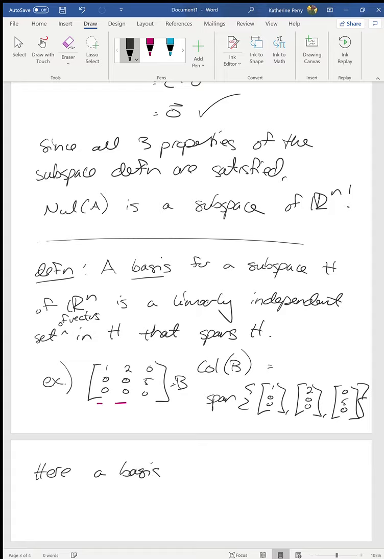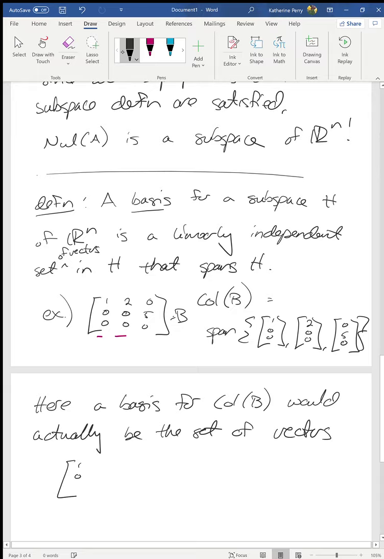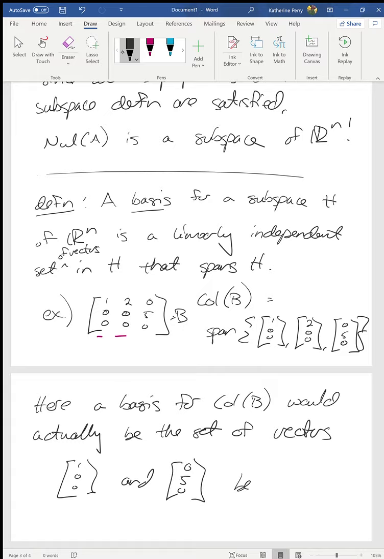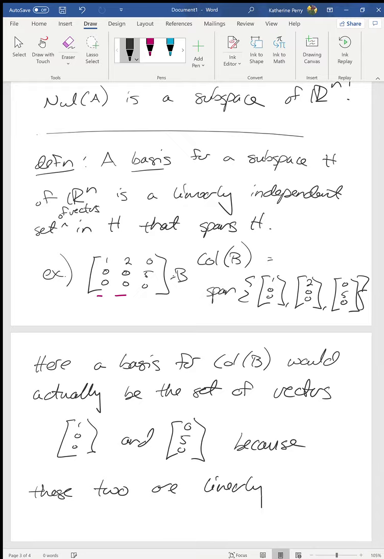So here, a basis for the column space of B would actually be the set of vectors, maybe just (1, 0, 0) and (0, 5, 0), because these two are linearly independent, and I'm going to claim that the column space of B is equal to the span of these two vectors.